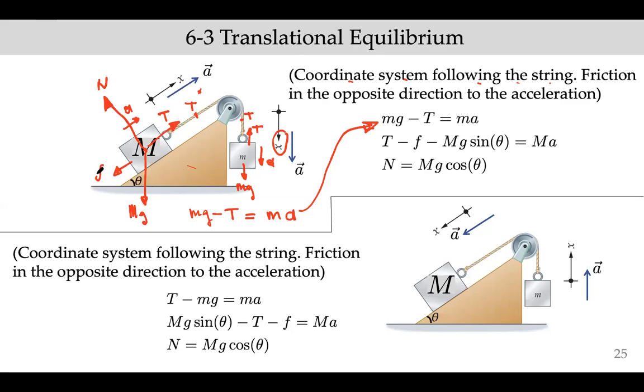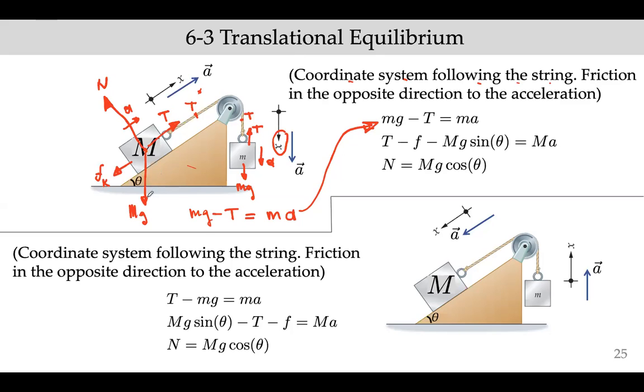Why is it in this direction? Well, it should be kinetic friction because the object is moving. Why is the friction down? Because we already decided to consider the situation where the acceleration is in this direction. So if M is accelerating up the slope, then the friction force should be in the opposite direction.